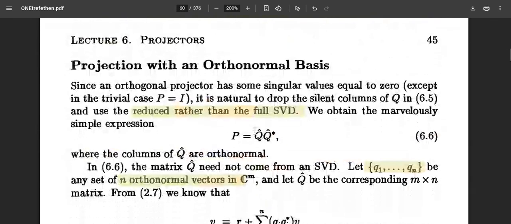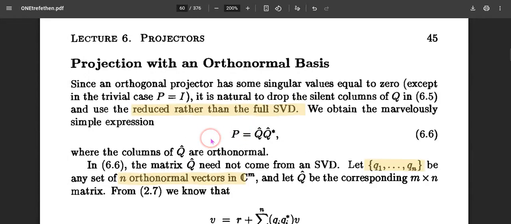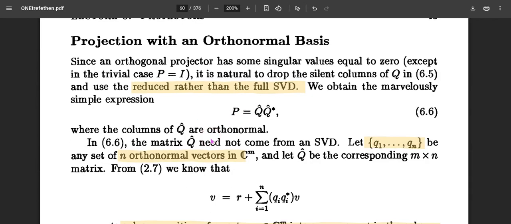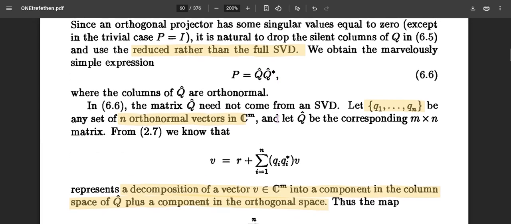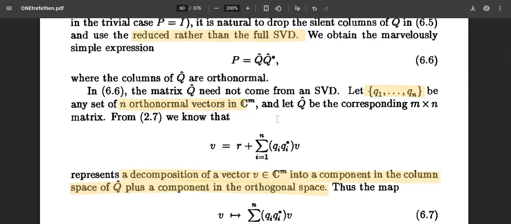So, for example, let us form an orthogonal projector from an orthonormal basis. Taking arbitrary n orthonormal vectors and forming Q Q transpose will give you an orthogonal projector using an orthonormal basis. This can be pictured using these equations.